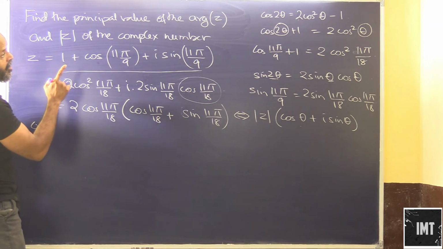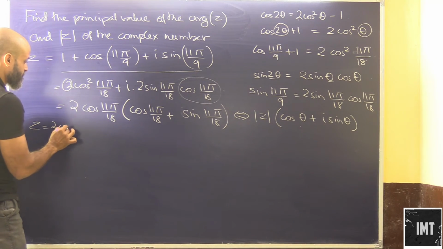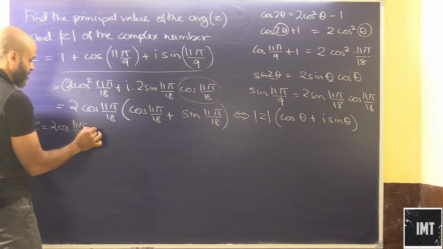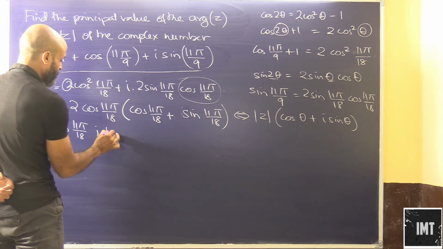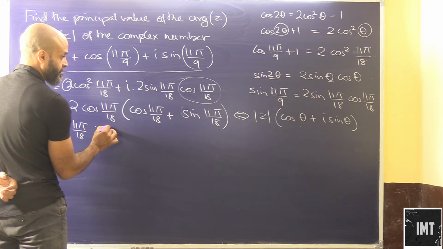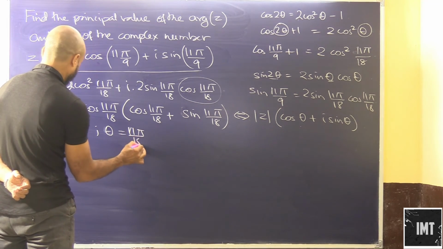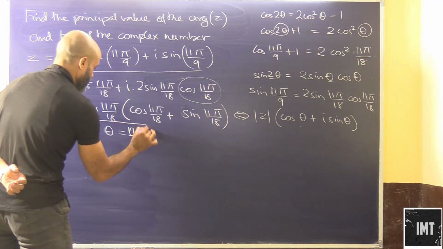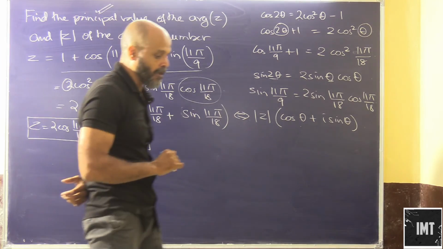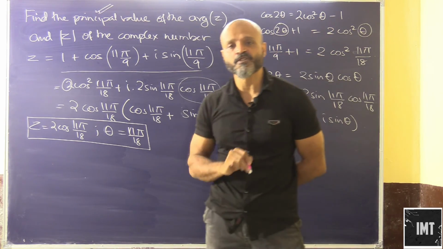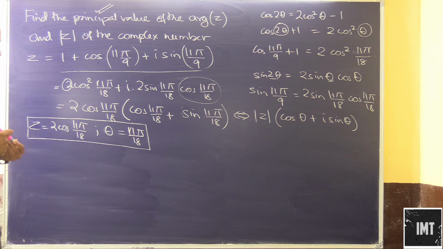So z can be written as 2 cos 11 pi by 18 and the theta part can be written as 11 pi by 18. But if you notice, we are asked about the principal values. When we talk about the principal values, we have to take the first value which will come for cos theta and sin theta, and this definitely is not the first value. How? We will look into it.